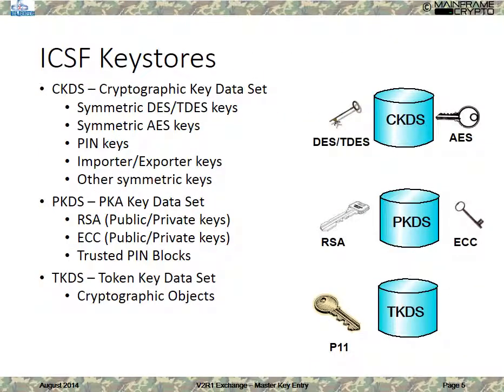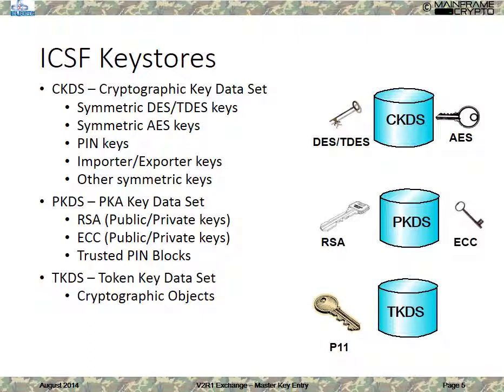There's 3 key stores that ICSF uses. The CKDS, or cryptographic key dataset, is where we store symmetric keys, whether they be triple DES or AES keys that you would use to encrypt data and decrypt data. There's other types of keys. PIN keys rely on DES encryption as well.